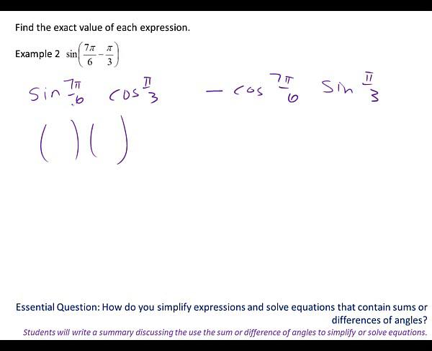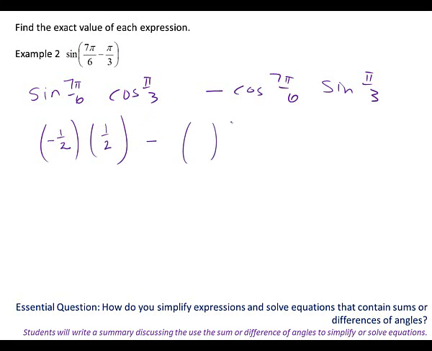All right. So what is the sine of 7 pi over 6? Use your unit circle. Everybody should be looking it up. 7 pi over 6. Should be negative 1/2. All right. What is the cosine of pi over 3? 1/2.